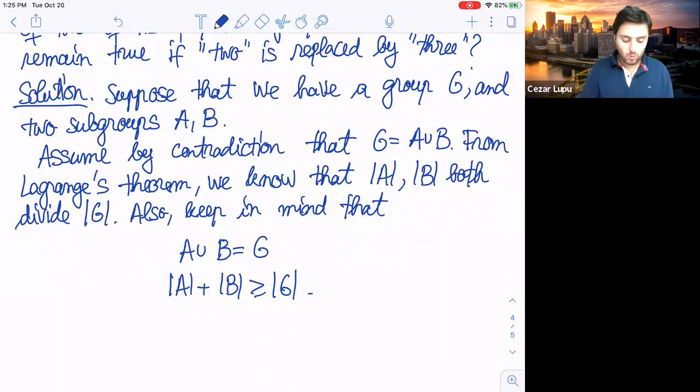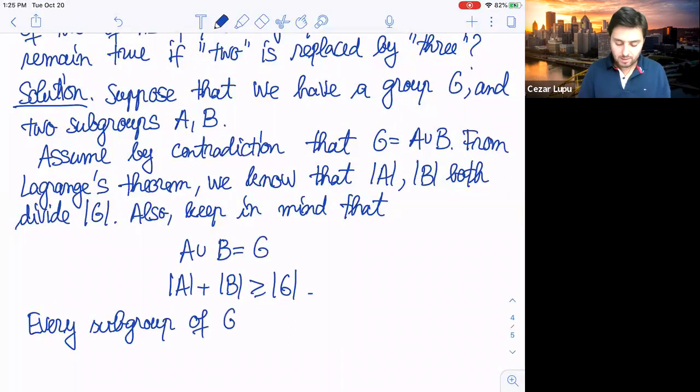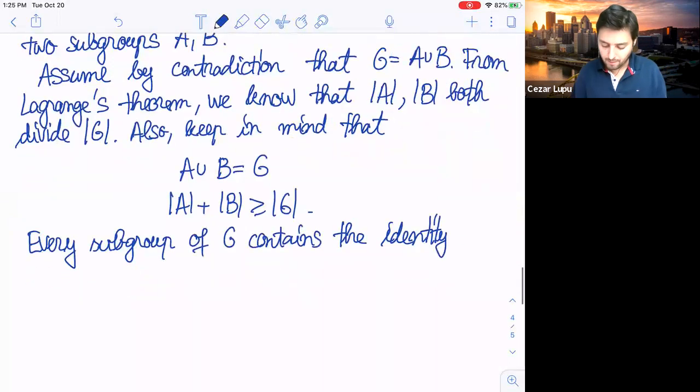But also there is one thing. And this is the tricky part of the problem: every subgroup of G contains the identity element, right? All right.